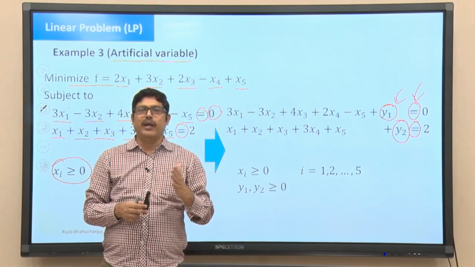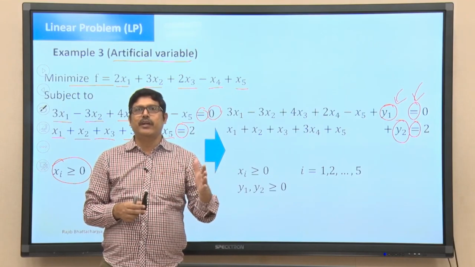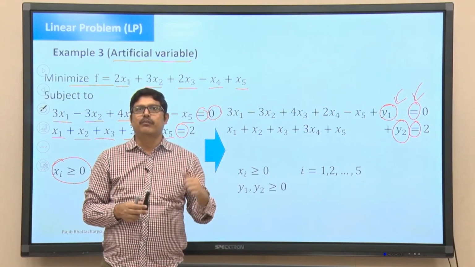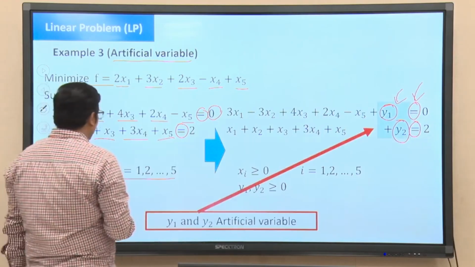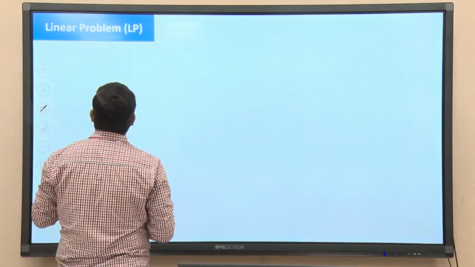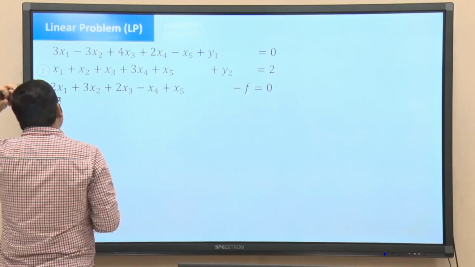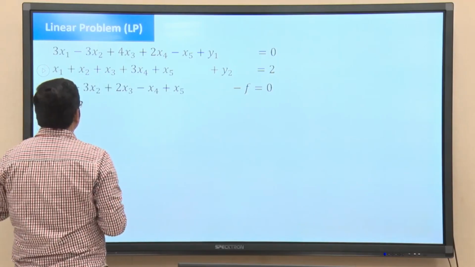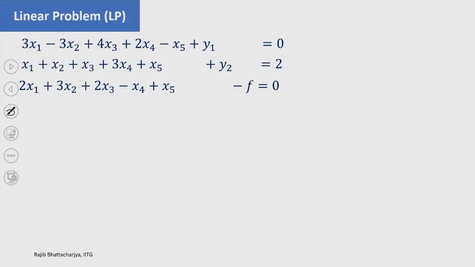So, the idea is that you eliminate y1 and y2 from these equations as early as possible. y1 and y2 are artificial variables. Now if I write these equations, this is my first constraint, this is second constraint, and I have these two variables y1 and y2, which I can consider the initial basic feasible solution.